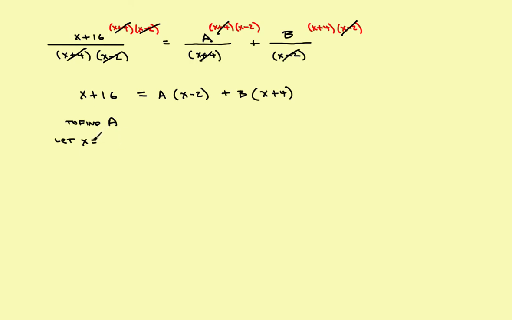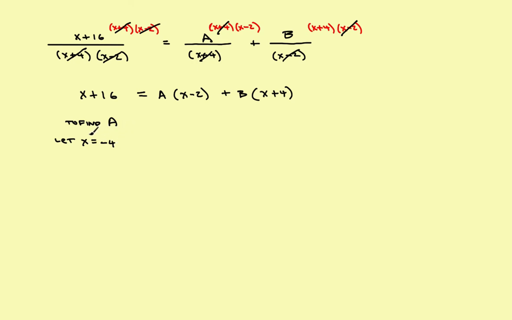Well, to find A, you want this B term to go to 0. So if you let X equal -4, then you'd have -4 plus 4, and this term would go to 0 because B times 0 makes the whole thing 0. So to find A and make B go to 0, let X equal -4. It's your choice what you pick, so I'm going to let X be equal to -4.